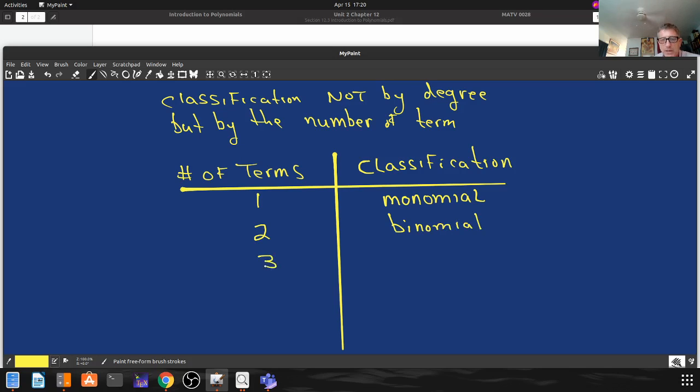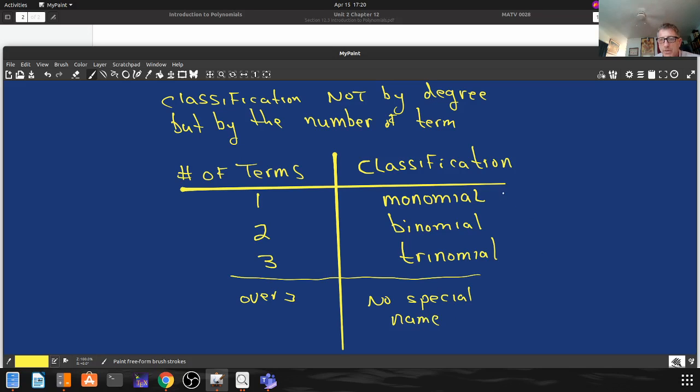If you have 3 terms, it's a trinomial. And over 3, no special name. The thing I want you to remember is all of these are polynomials.